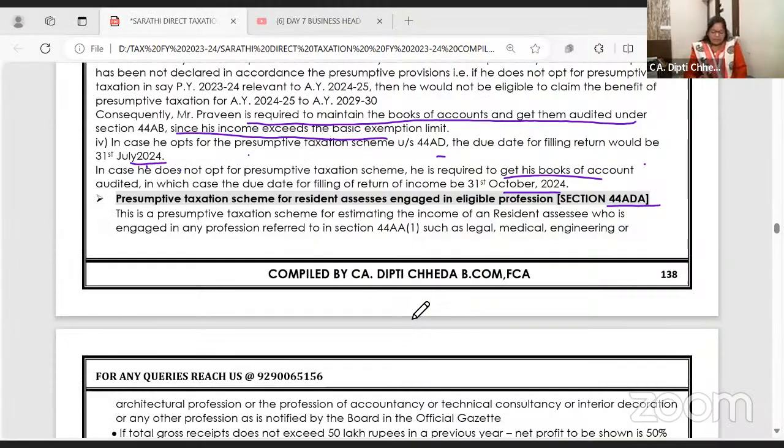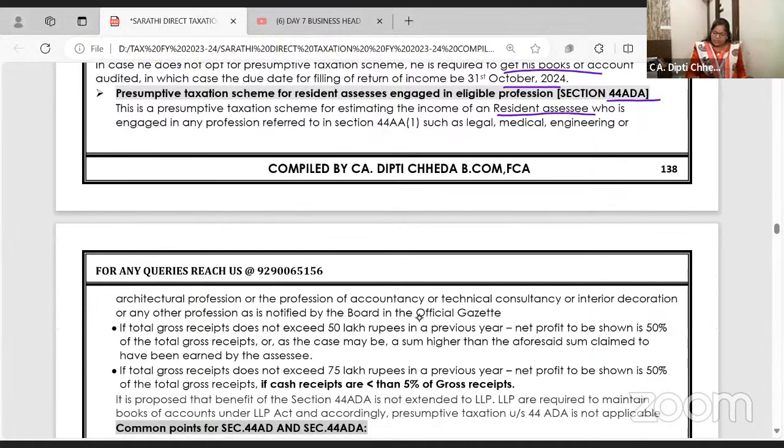It is for whom? Professionals. This presumptive scheme is applicable to a resident assessee, legal, lawyer, doctor and all, whose income does not exceed 50 lakhs. अगर 50 lakhs exceed हुआ तो compulsory audit ही कराना होगा. And you have to show the net profit of 50%.